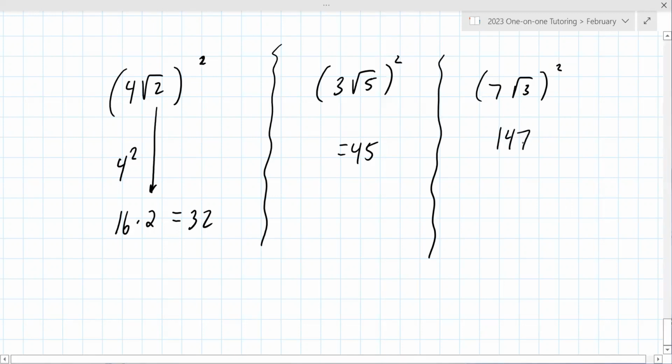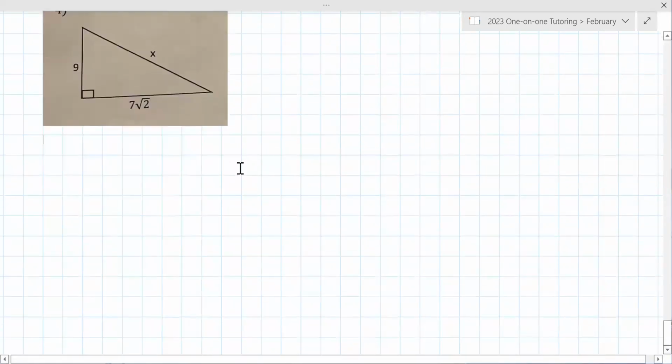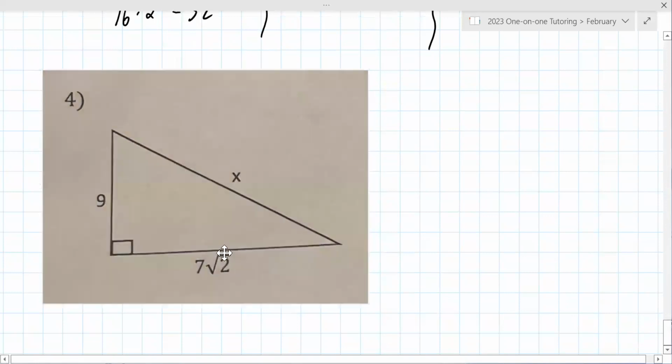Now we can go back to your worksheet here and work a few more problems. We're going to go to number 4 next. Notice that they are giving you the 2 legs.